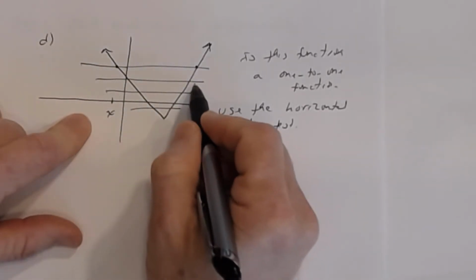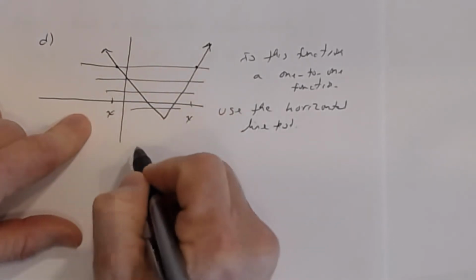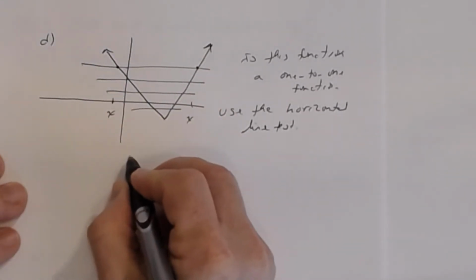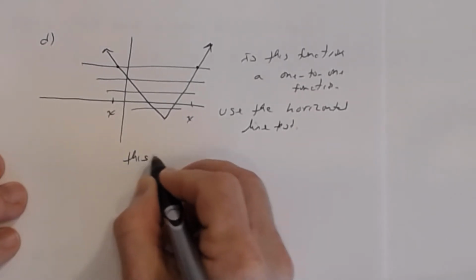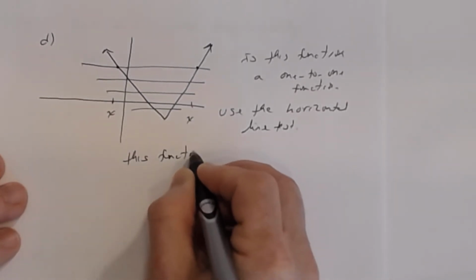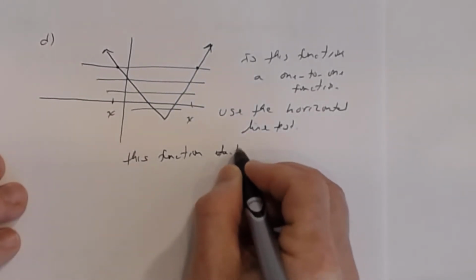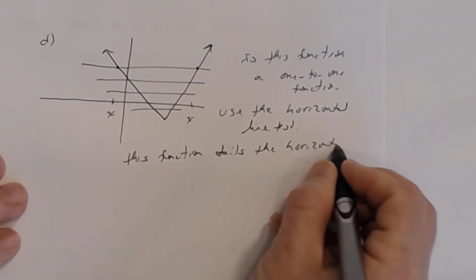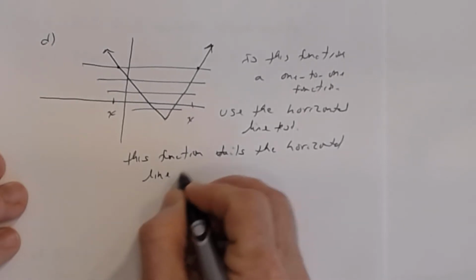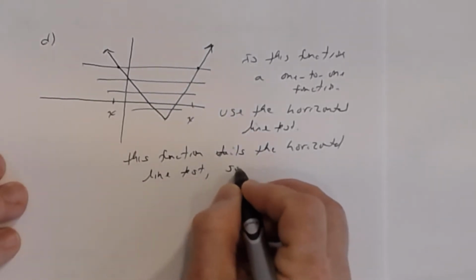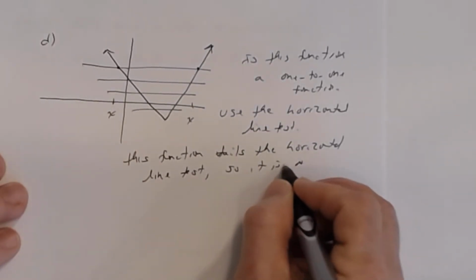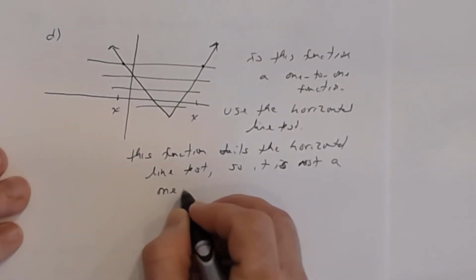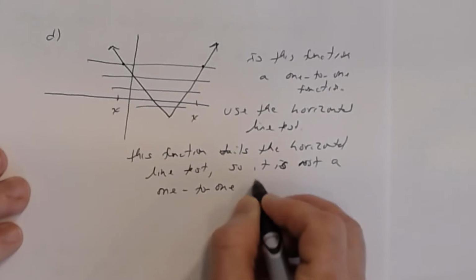There's an x coordinate here, and there's an x coordinate there. So this function fails the horizontal line test. So it is not a one-to-one function.